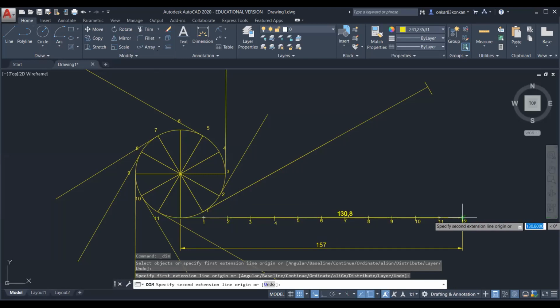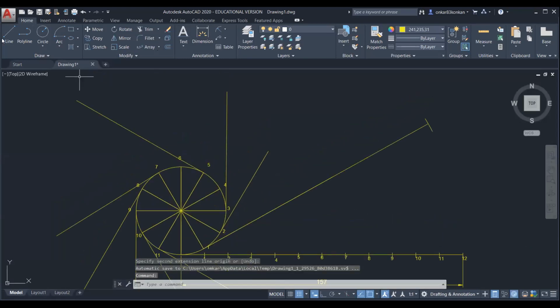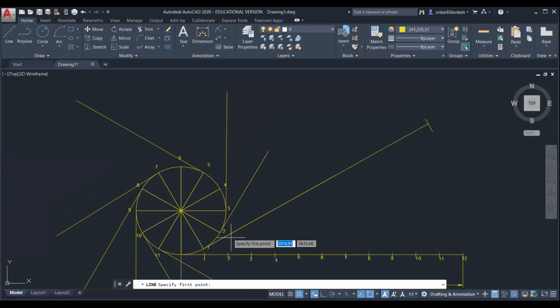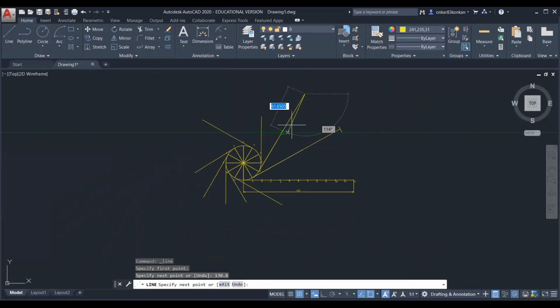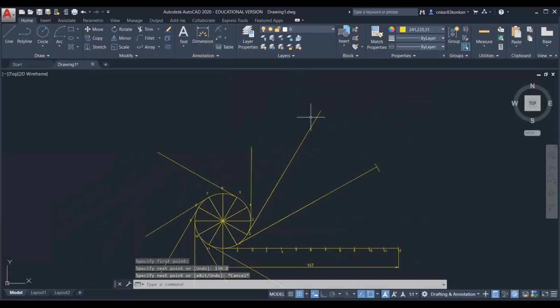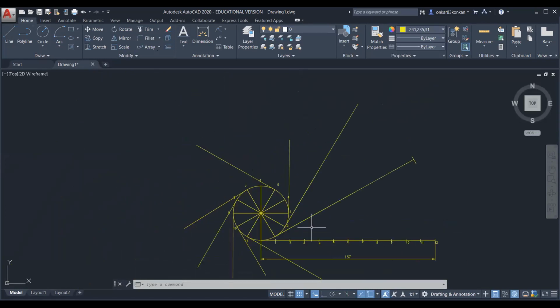So right now this is 130.8. So we should draw this arc from distance 2 to 12. Then after that, take the distance 3 to 12.